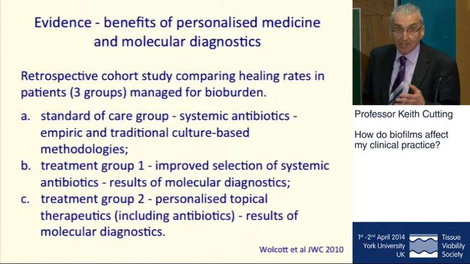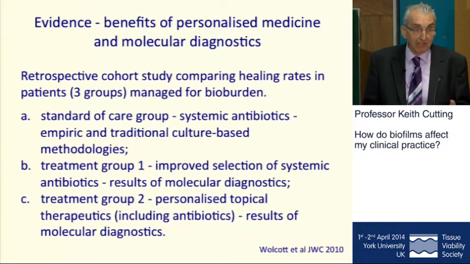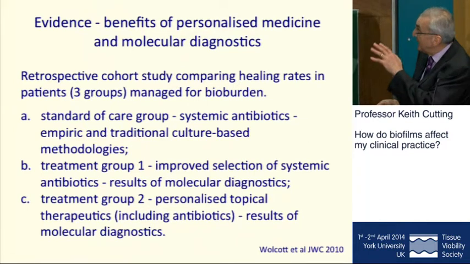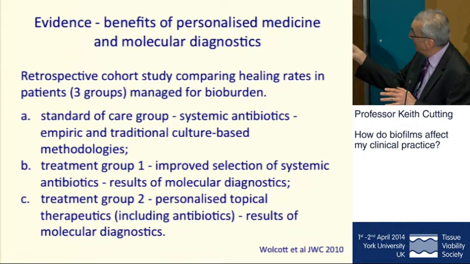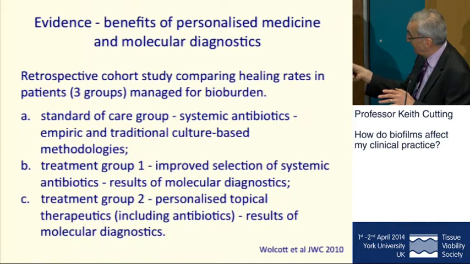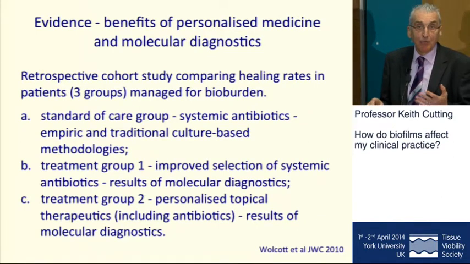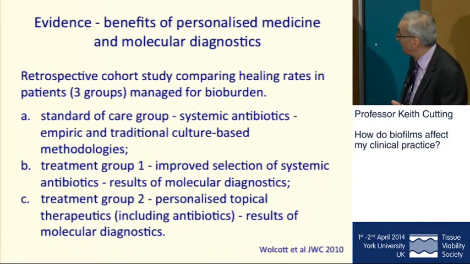Here is some evidence out of Texas where they've used personalised medicine. It was a retrospective study with 3 groups, the first one being standard of care, and then 2 treatment groups. Treatment group 2 is the lattermost group where they have used personalised medicine.